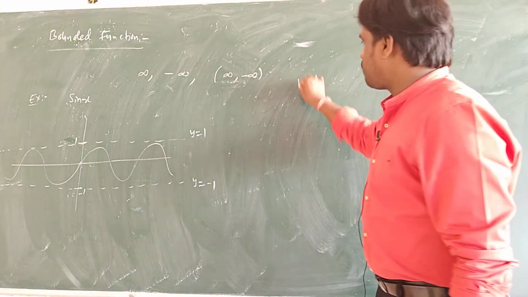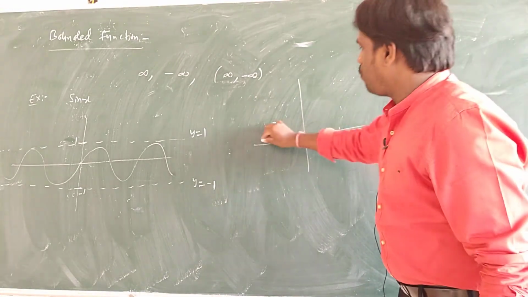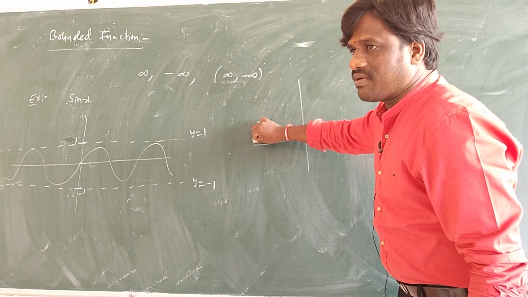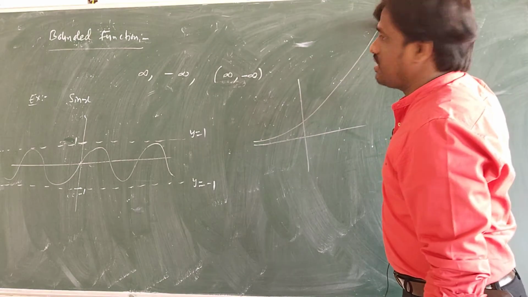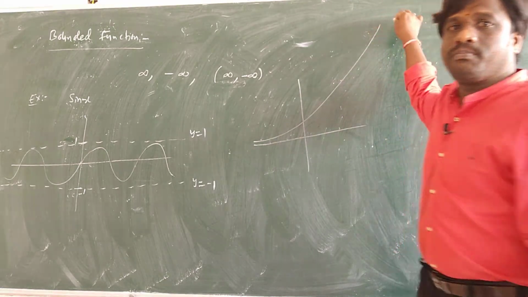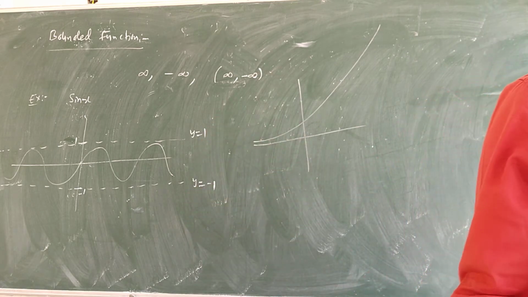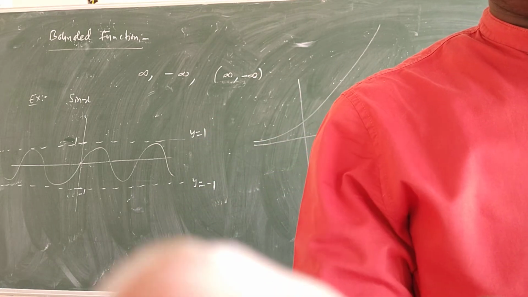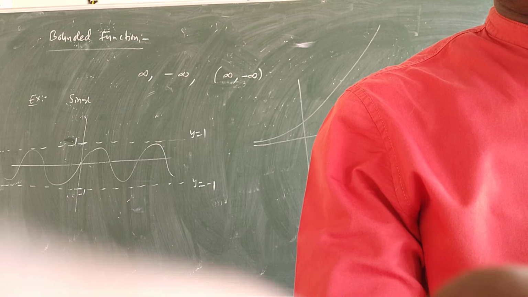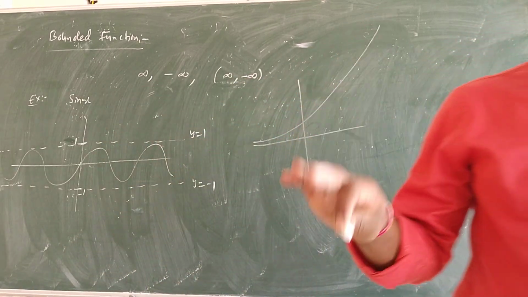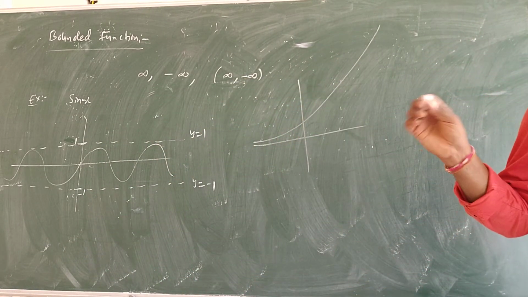Suppose I take the exponential function. It starts from here and goes to infinity. With one end at infinity, it is an unbounded function. If you have both infinity and minus infinity, then also it is unbounded.